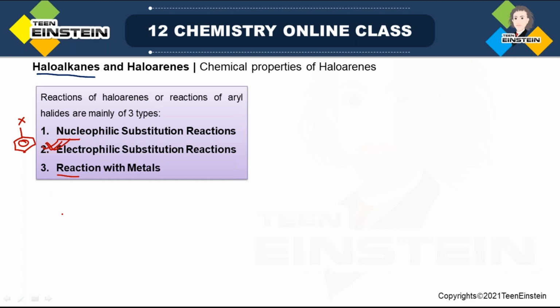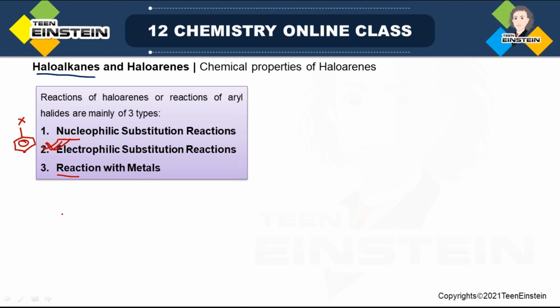Okay, even if the last one is important, but nucleophilic substitution, we have also seen this point before while discussing the nucleophilic substitution in case of haloalkanes, that is aliphatic. Then also we have already mentioned that when halogen is directly attached to aromatic ring, nucleophilic substitution is not very common observation.